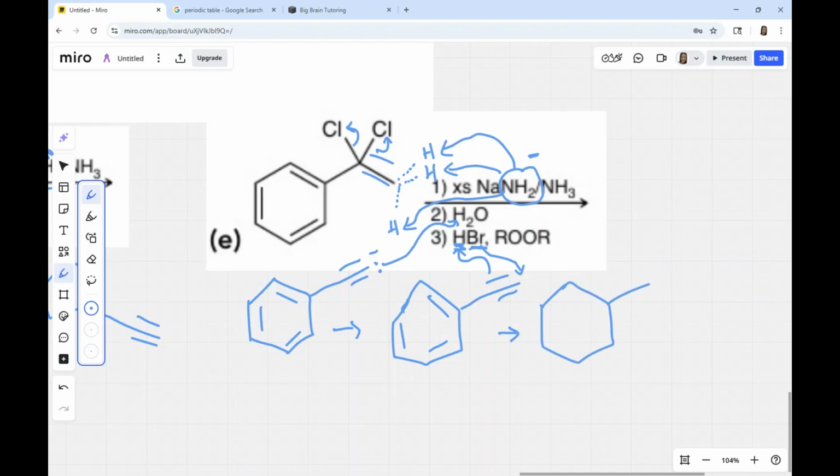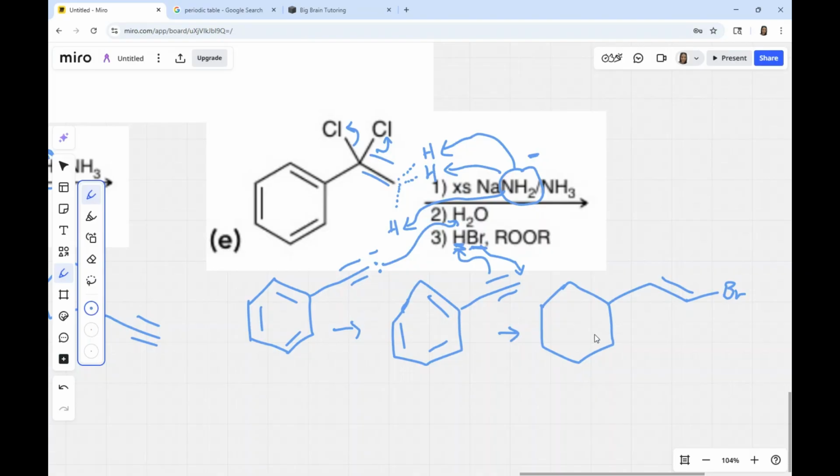So you would end up forming an alkene with bromine. And you don't get rid of the other bond, because remember, we're going from an alkyne adding HBr and peroxide, and so only one of our bonds gets removed from here.